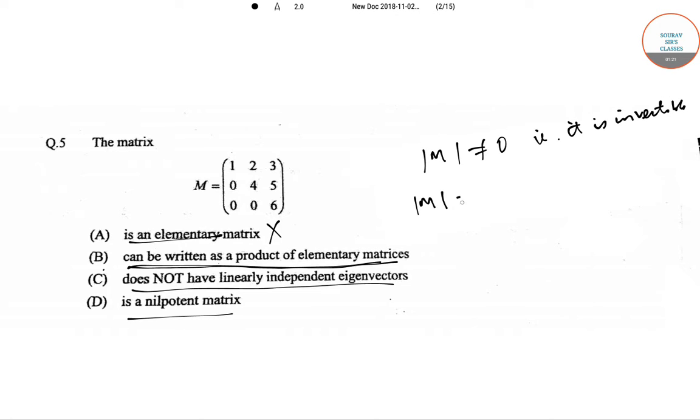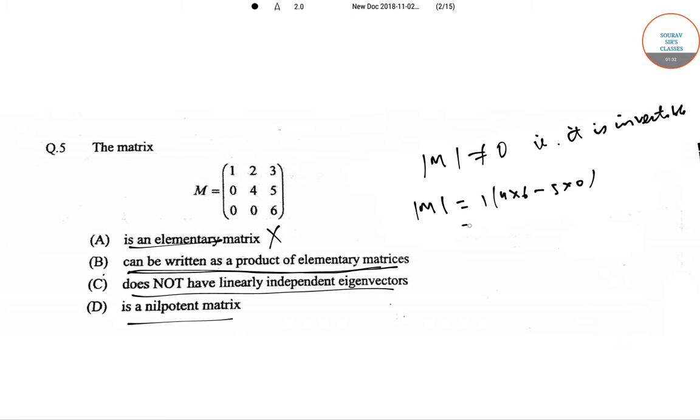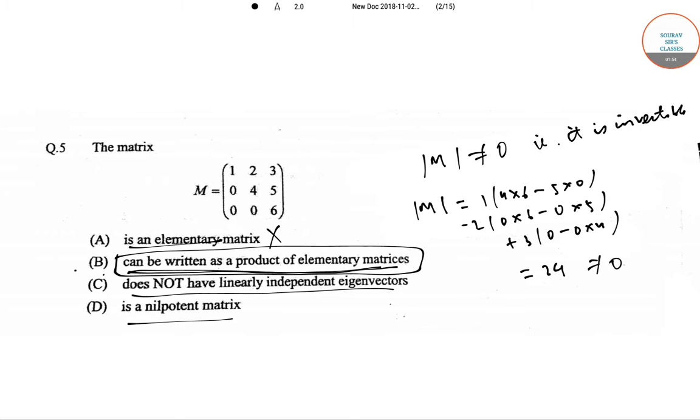So here mod M is equal to 1 into 4 into 6 minus 5 into 0, minus 2 into 0 into 6 minus 0 into 5, plus 3 into 0 minus 0 into 4, so gives us 24. Now since this is not equal to 0, it is invertible and thus it can be written as a product of elementary matrices. So the correct option is option B.